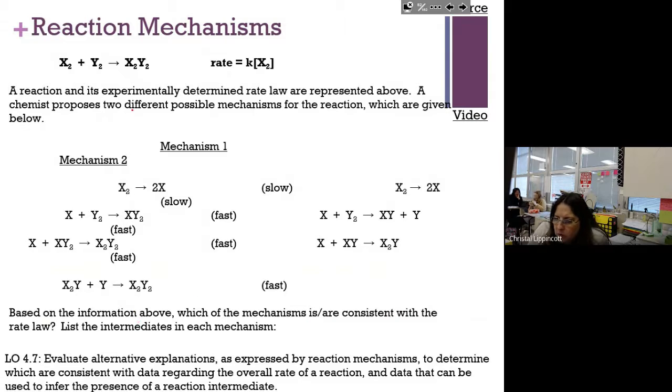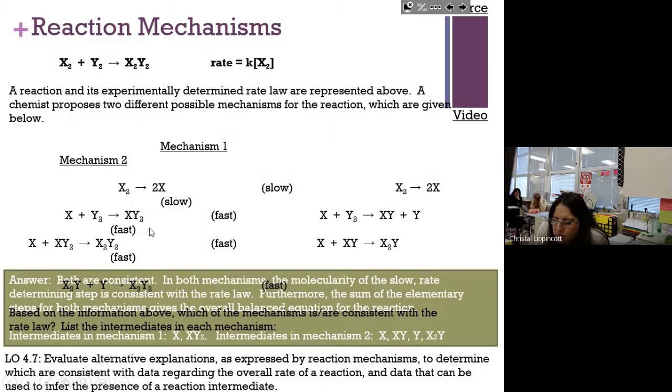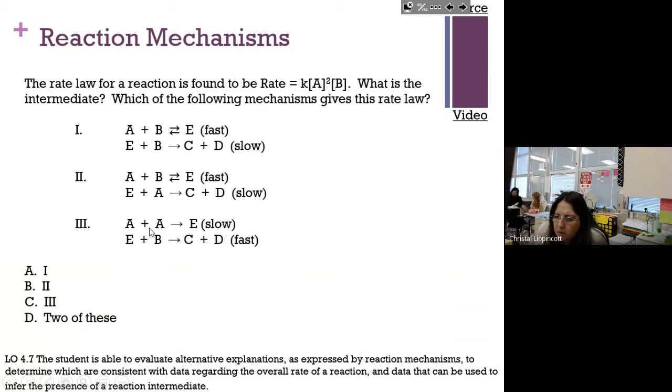This is kind of garbled here. Well, I hope it was set up a little bit better on your page. The answer was both are consistent. Did you get that answer? Okay. All right, then you had this guy.